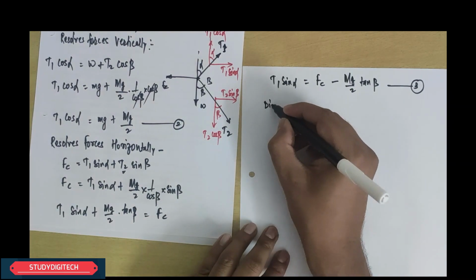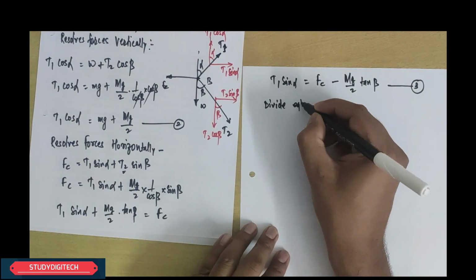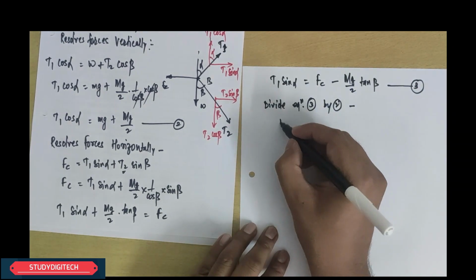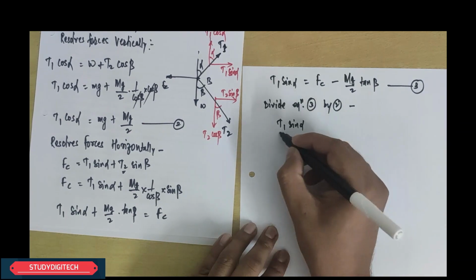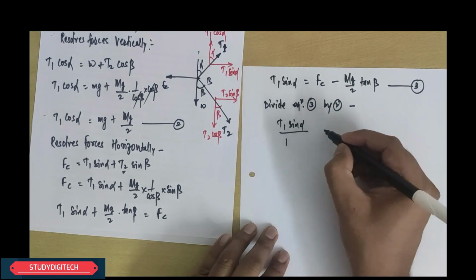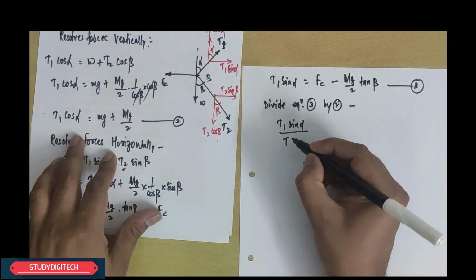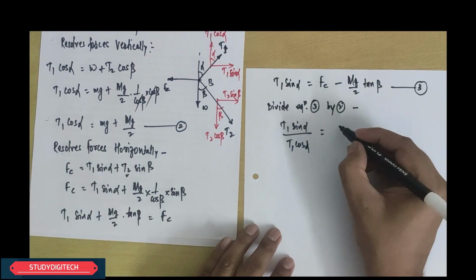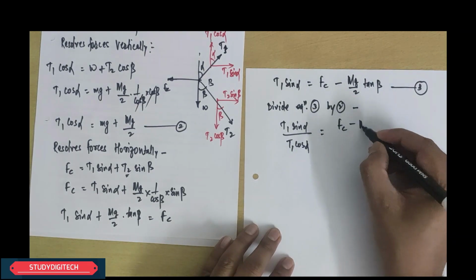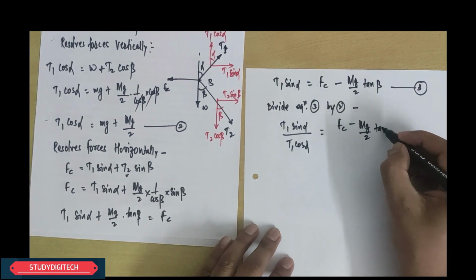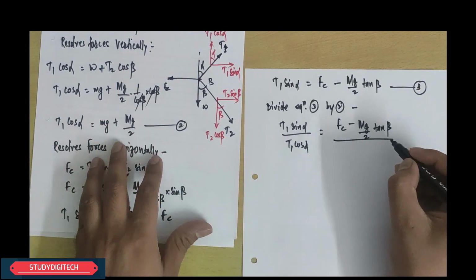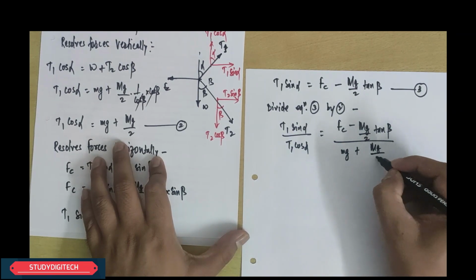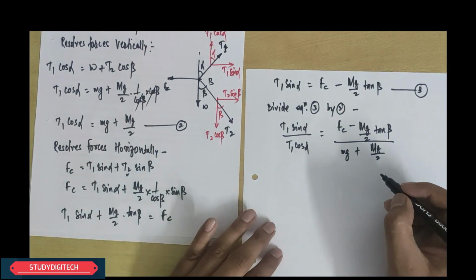Now we will divide equation 3 by equation 2. So we have T1 sin alpha divided by T1 cos alpha, which is equal to Fc minus Mg divided by 2 tan beta divided by small mg plus capital Mg divided by 2.